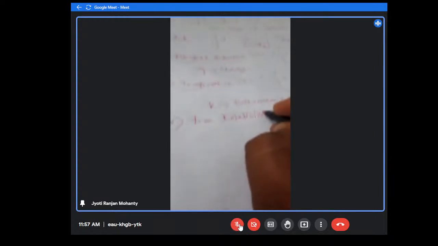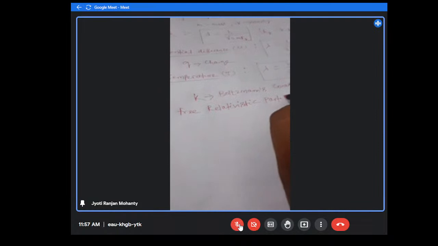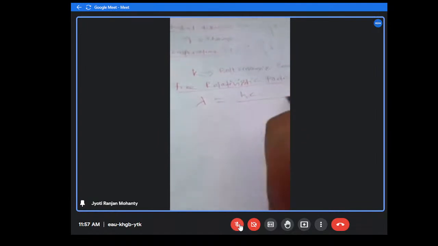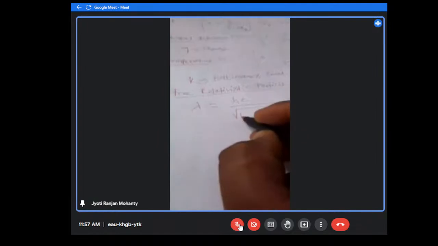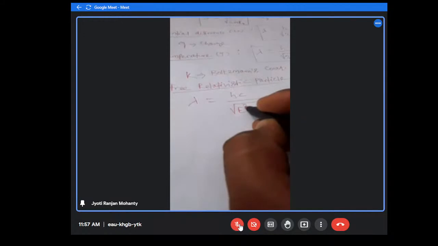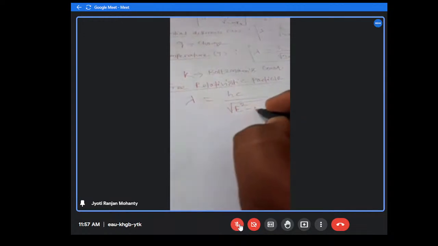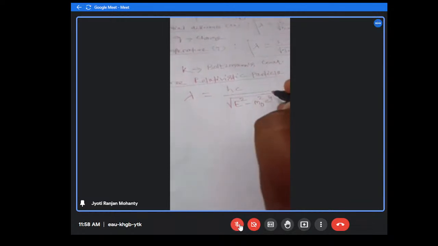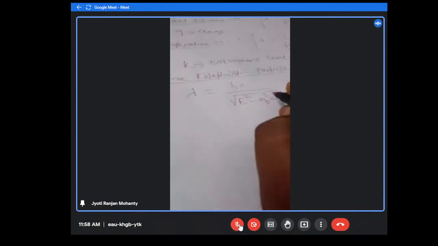Here the formula will be lambda is equal to hc by root of E square minus m0 square c4, where E is the total energy.